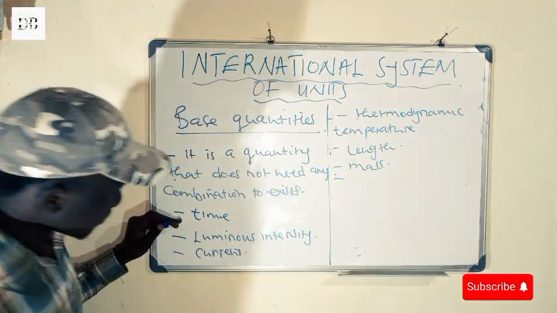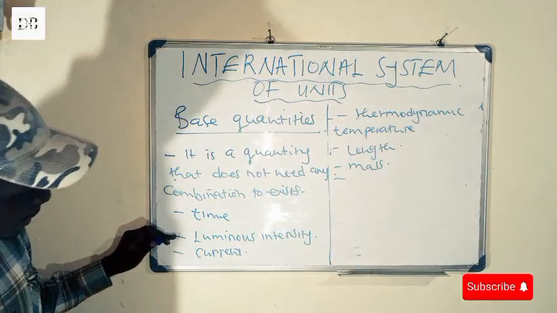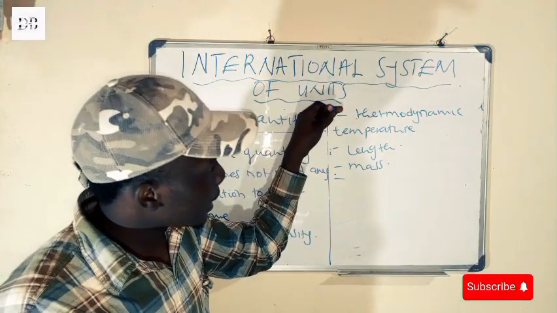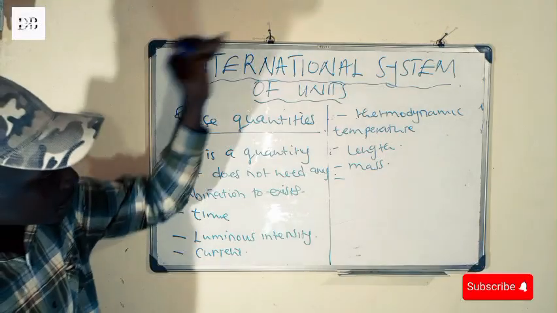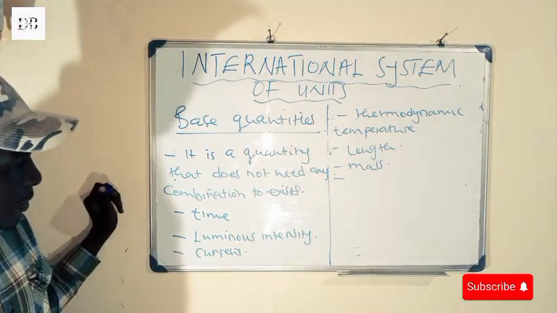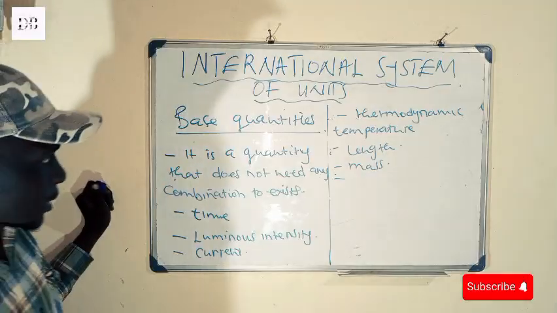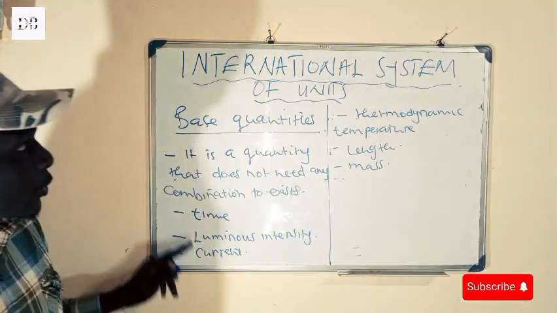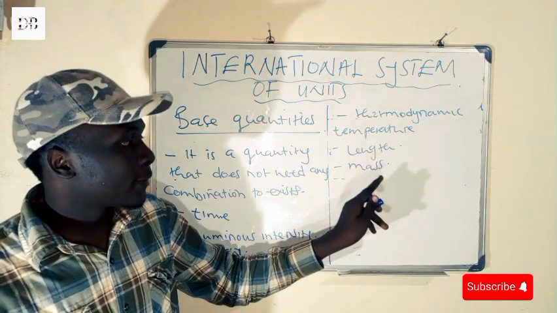So we have time, luminous intensity, electric current, thermodynamic temperature, length, mass, and the other one is, let's see, 1 2 3 4 5 6.